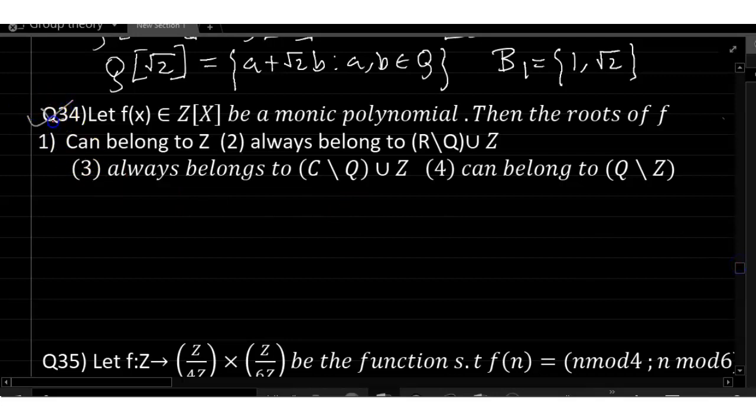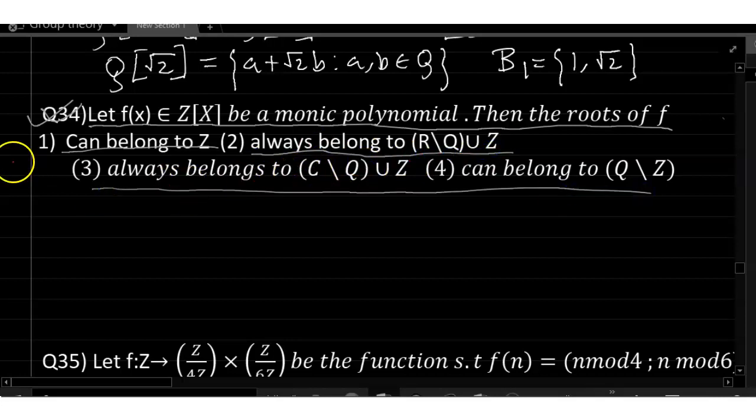Question number 34. Let fx belongs to Zx be a monic polynomial, then the roots of f can belong to Z, always belongs to this, and it always belongs to this. All are wrong.